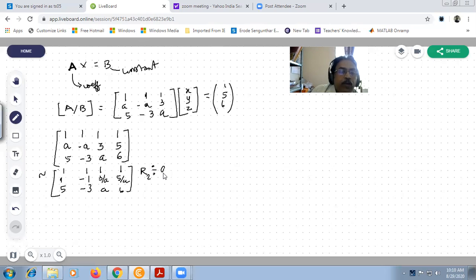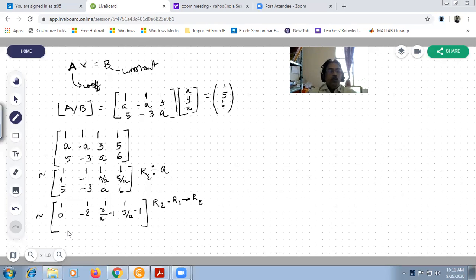Now it is easy to make the entry 0 by subtracting the first row from the second row: 1 minus 1 is 0, 1 minus 1 is 0, 3 by a minus 1, 5 by a minus 1. That is R2 minus R1 gives R2.